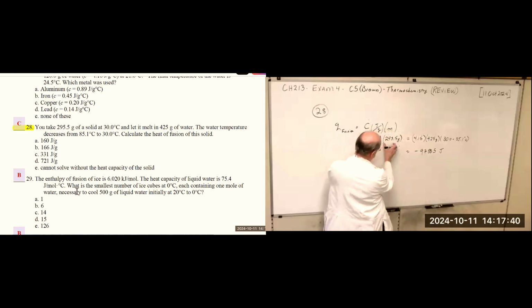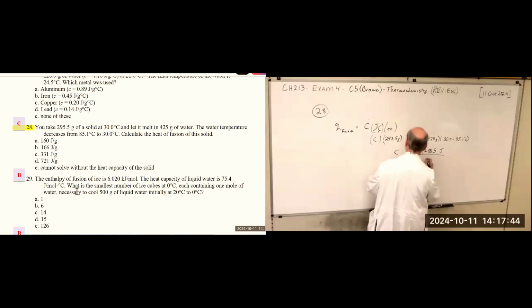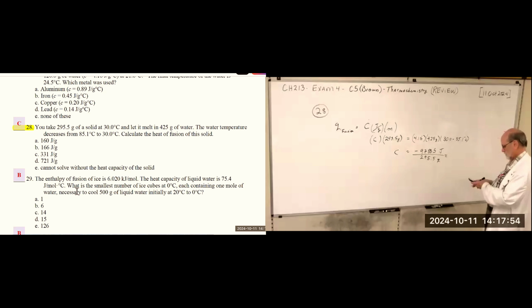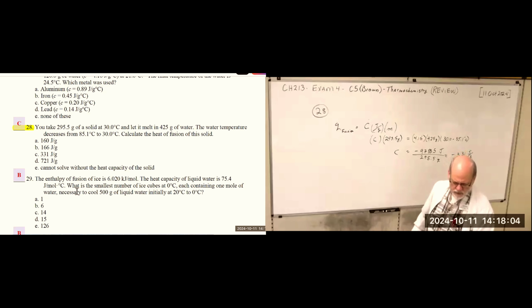And that means that if we want to find that value, we divide this one by 295.5 joules per gram. 331 joules per gram.